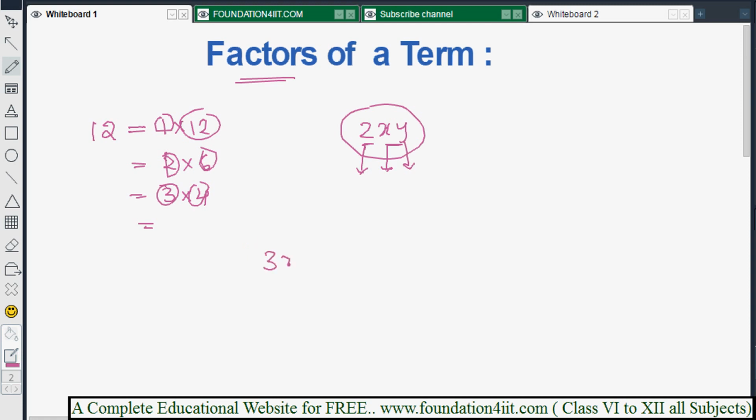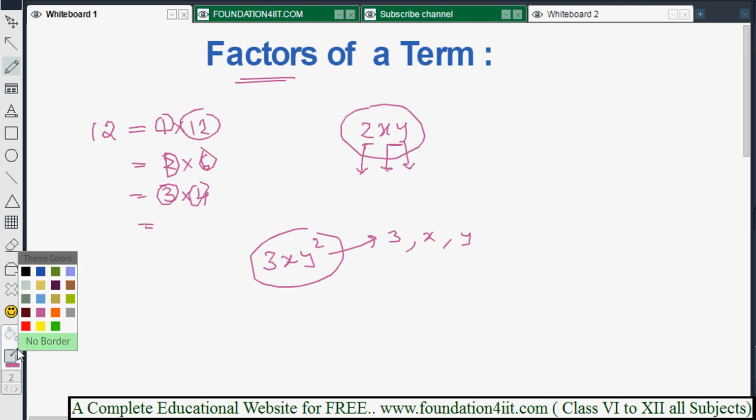Now 3xy square is a term. In this, the factors are 3, x, y. And in this, again, there is a numerical factor and a literal factor. For example, take minus 7x square y.